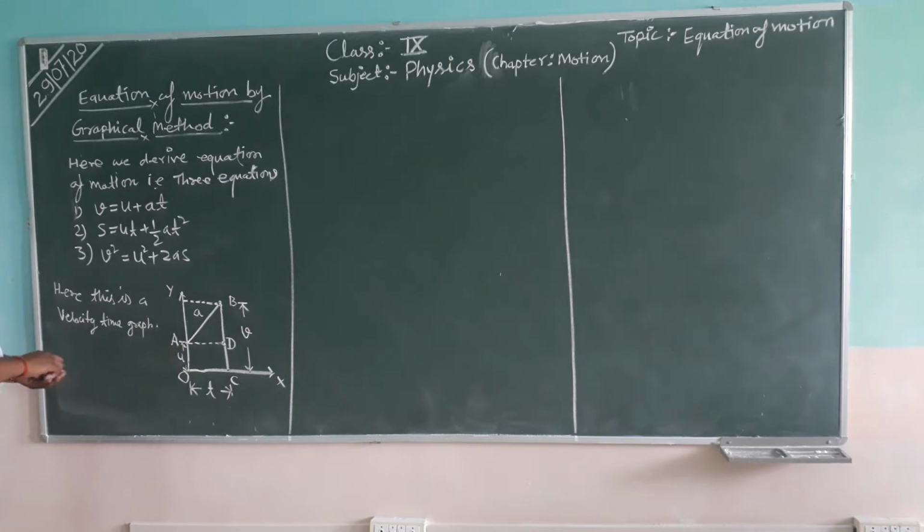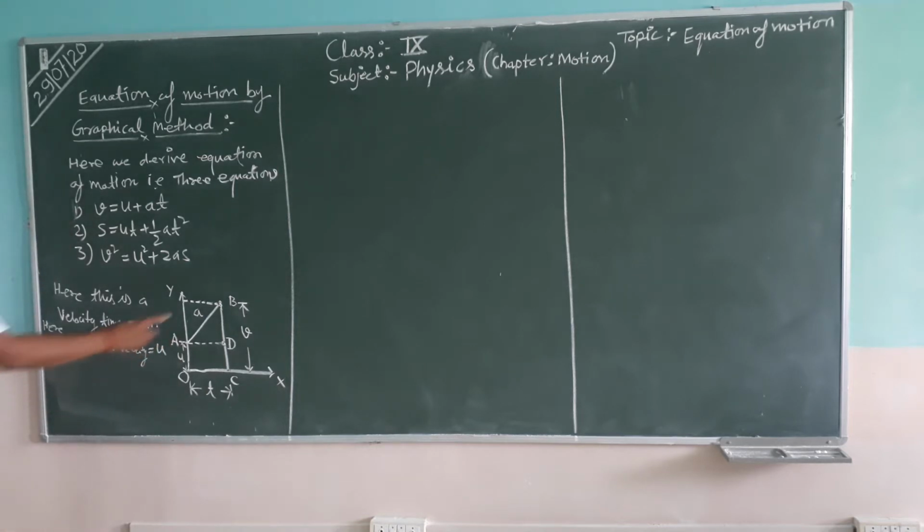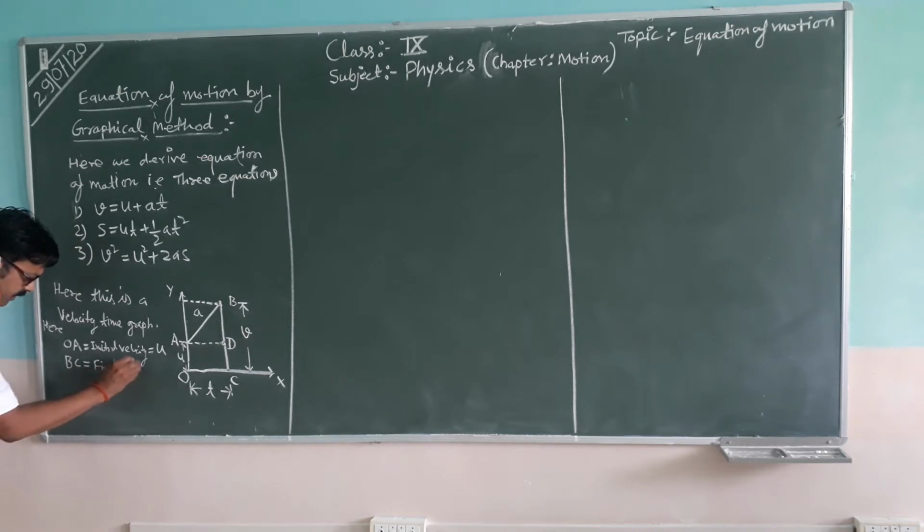What is the value of OA? OA is the initial velocity, that is u, and BC is the final velocity attained by the body, that is v.